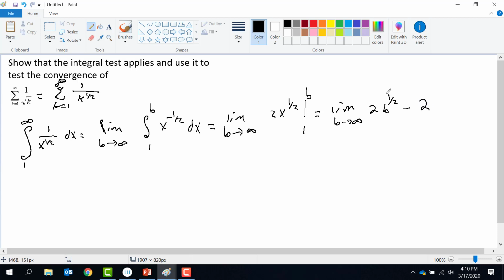But b to the 1/2, as your base gets bigger and bigger, this expression is just going off to infinity. And so this goes off to infinity, and therefore your series diverges.